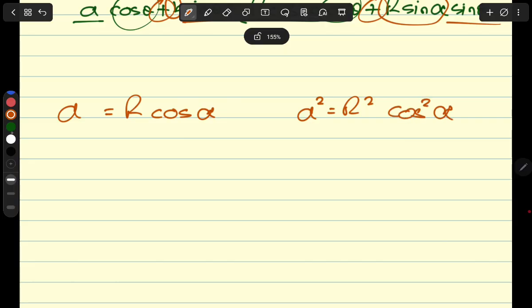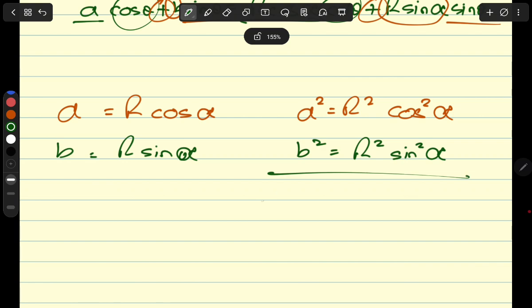And b is equal to r sin alpha, therefore if I square both sides, I get b square is equal to r square sin square alpha. Now if I add both these sides, this becomes a square plus b square is equal to r square, and I can take it common, and I will have cos square alpha plus sin square alpha.